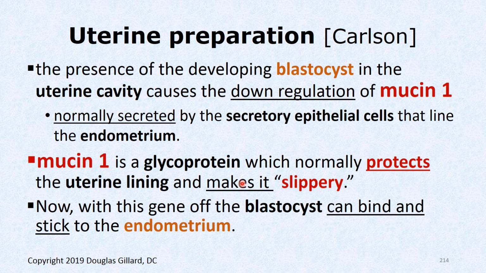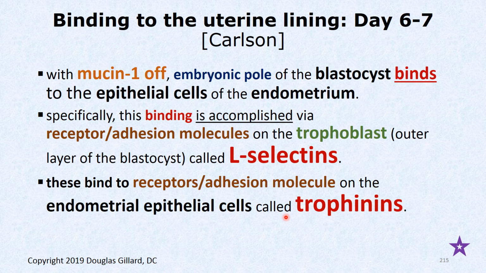Mucin 1 is a glycoprotein that protects the uterine lining and makes it slippery. So with the gene off, our blastocyst has the green light. Now we're about day 6 to 7, about a week after fertilization. With mucin 1 off, the blastocyst can bind to the epithelial cells, specifically the ones that have receptors called trophinins on them.